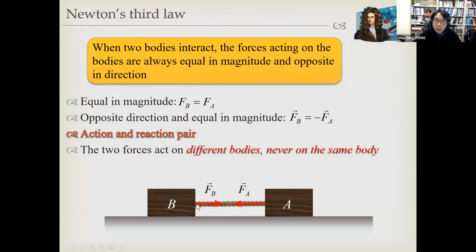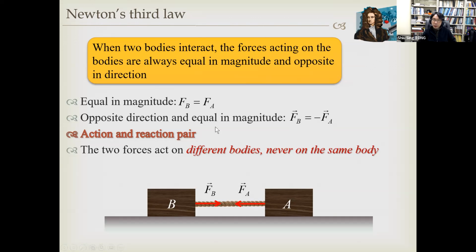In that case, the force pulling on body B and the force pulling on body A are equal in magnitude, but they are in opposite directions. So in vector form, we may write F_B vector equal to minus F_A vector. The vector sign means now I consider also the direction. So if they're opposite, there should be a minus sign in the equation.